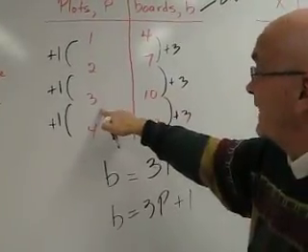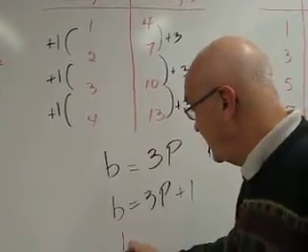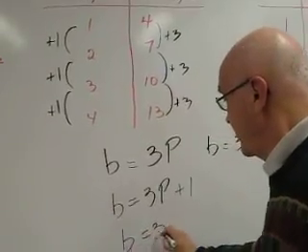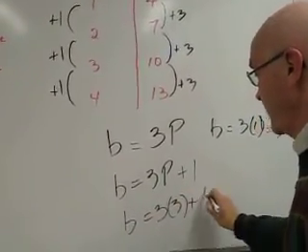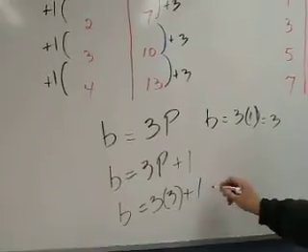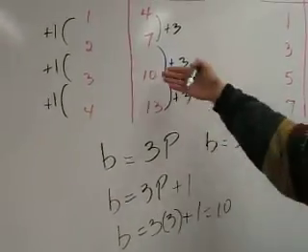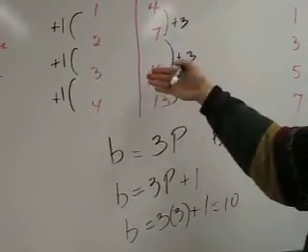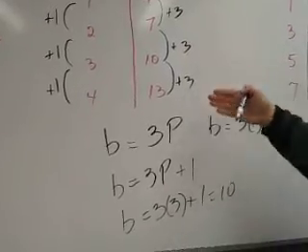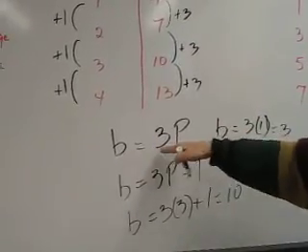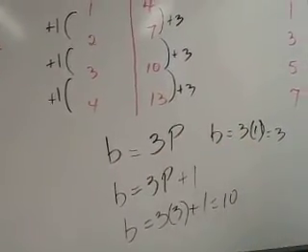If we take the number of plots as being 3, 3 times 3 is 9, plus 1, 10. So that verifies the fact that the number of boards is 3 times the plots plus 1.